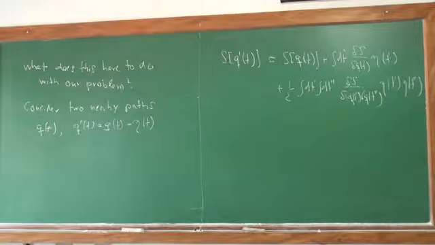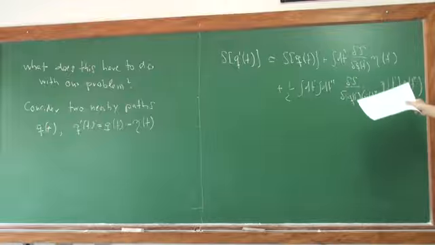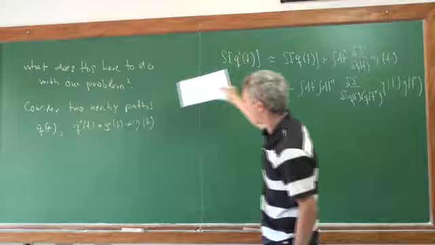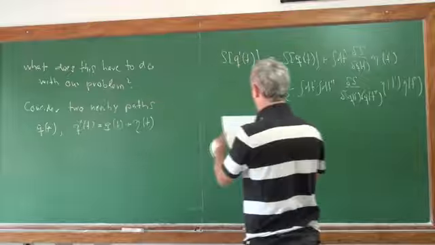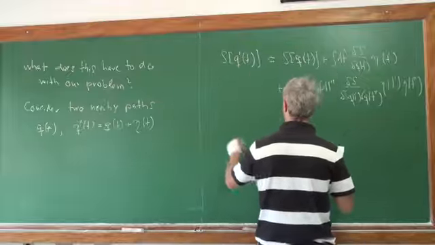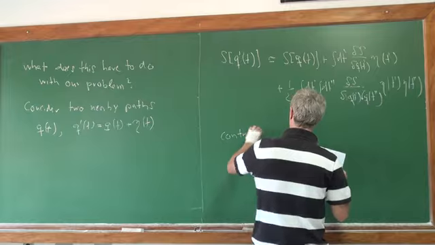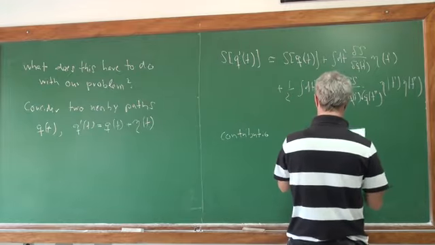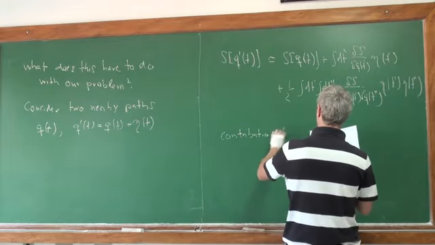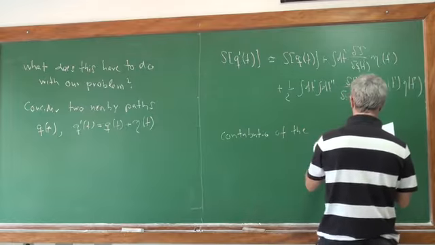So once we have done this Taylor expansion for the classical action of the nearby path, we can look at the contribution of the two paths that we have to the path integral.